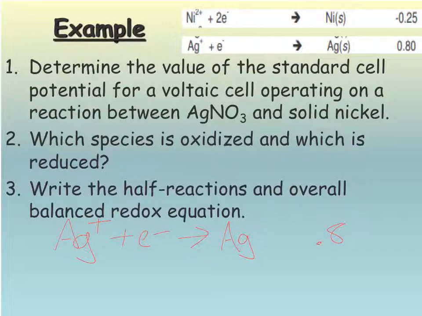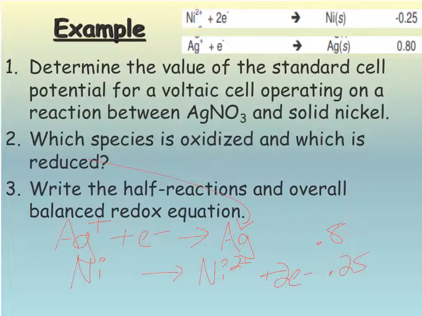That's definitely my reduced species here, which means the nickel equation has to flip because that is going to be my oxidation. Because I flipped the equation, I need to flip a sign, so 0.25.